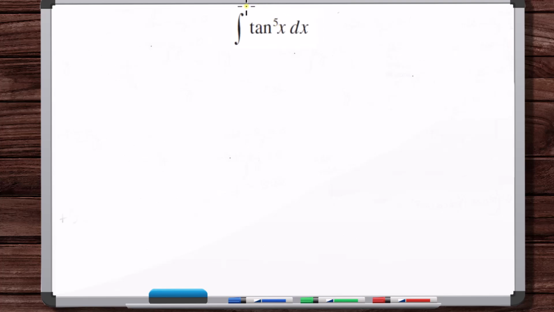Okay, here we don't have a cookbook method to solve this. If this was sine to the 5th of x or cosine to the 5th of x, we did, but there were no general rules we could use to solve a lone power of tangent or a lone power of secant.